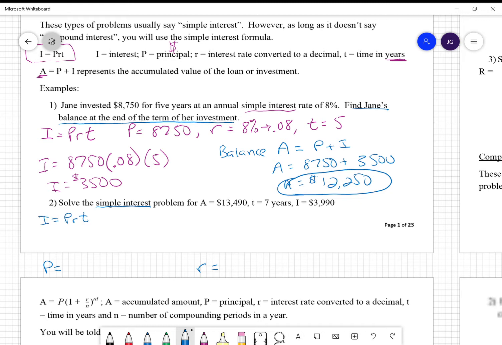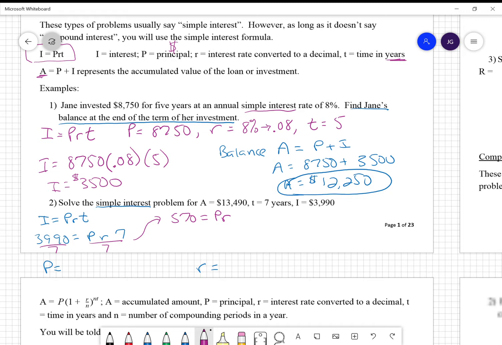I know that I is 3,990. I know that time is 7. So if I divide both sides by 7, I get $570 equals PR. And now I'm kind of stuck because I don't know what P or R is.